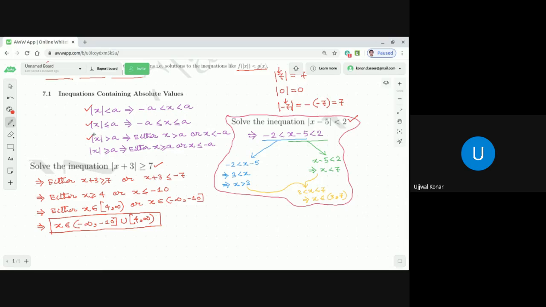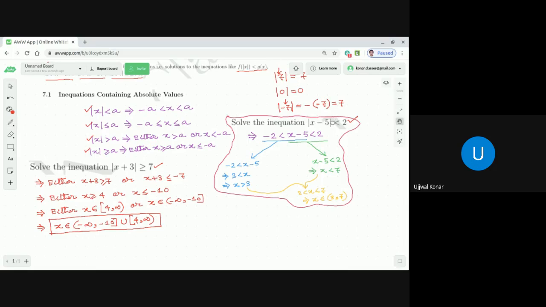And mod of x greater than or equal to a implies either x is greater than or equal to a or x is less than or equal to minus a. Dear students, these 4 rules you need to completely register in your mind. Actually, you can make these 4 rules into 2 rules, because the only difference is less than a or less than or equal to a, correct?